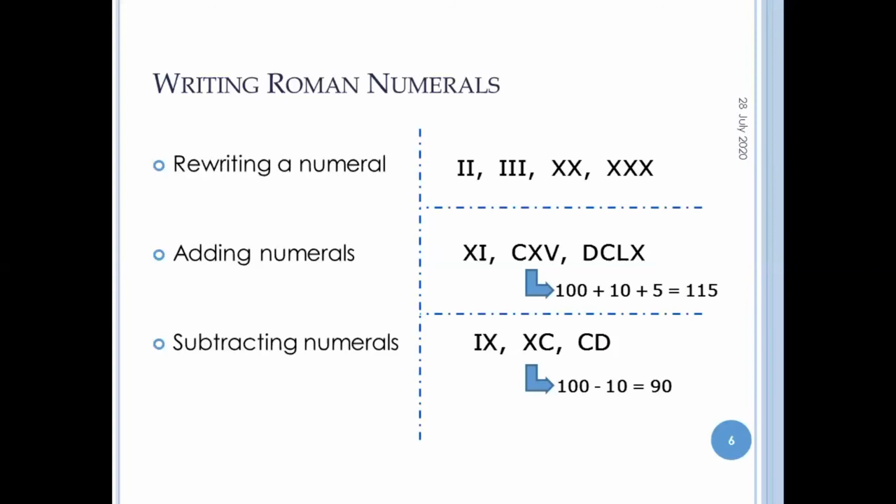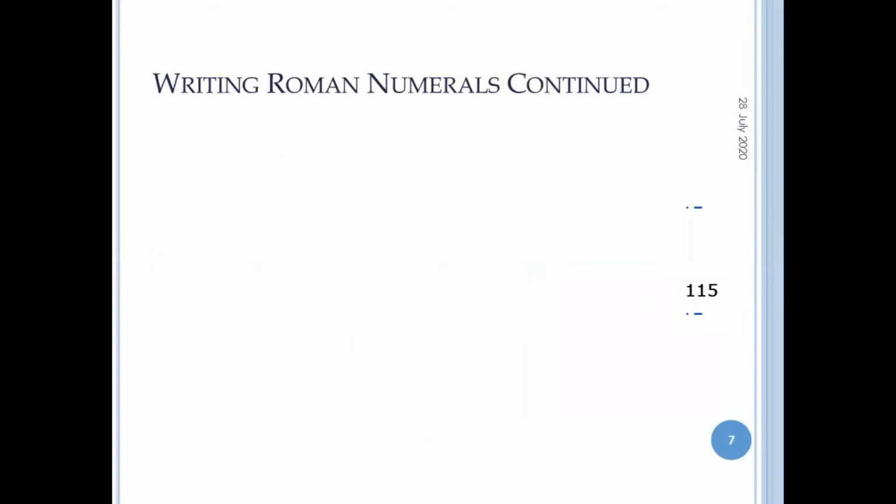Otherwise, you would be breaking the laws and you would write your numerals in a wrong manner. Let's see, how can we try out writing these numerals? What steps can we follow? And in this case, we shall take an example.